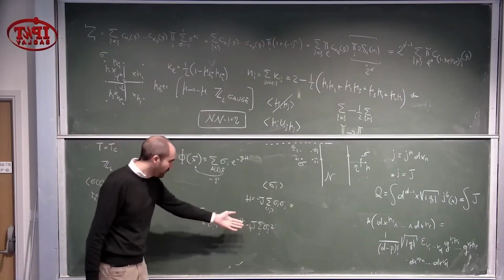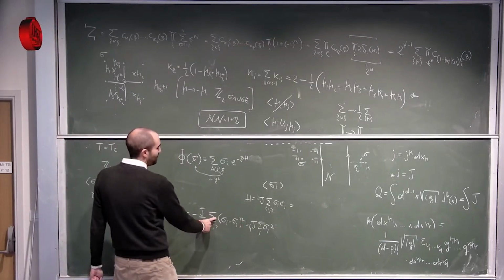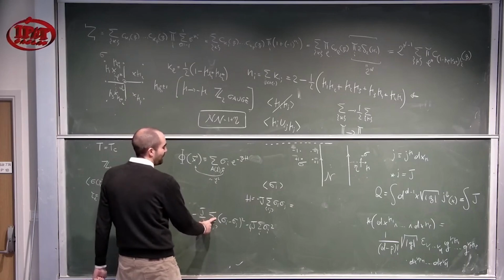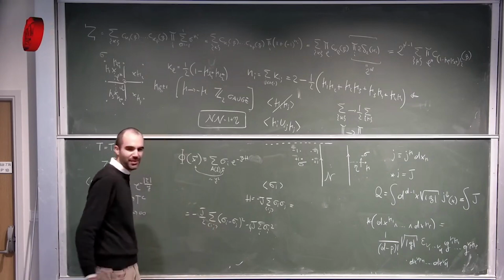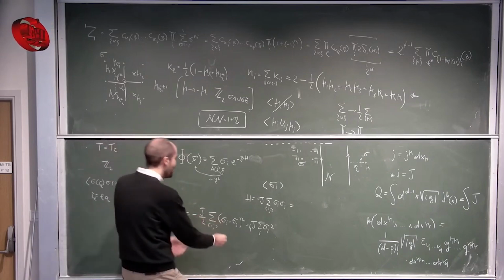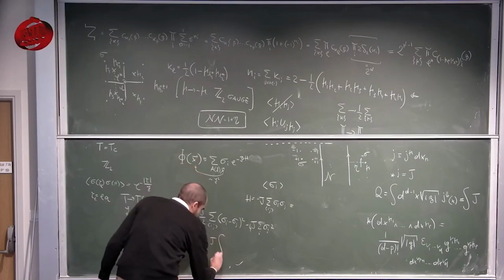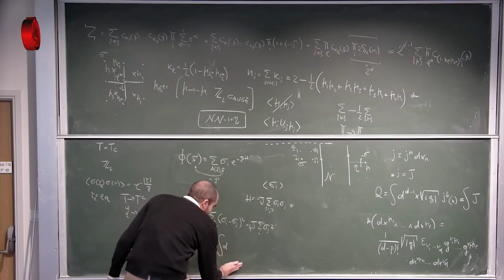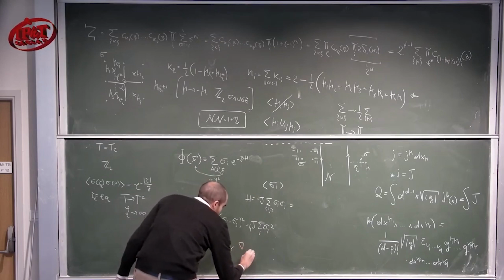Now we can take the continuum limit of this object. The easiest way is to multiply and divide by the lattice spacing squared, and take the limit of lattice spacing going to 0. Then you can see that this goes to something that looks a lot like a Hamiltonian that we're used to in quantum field theory.